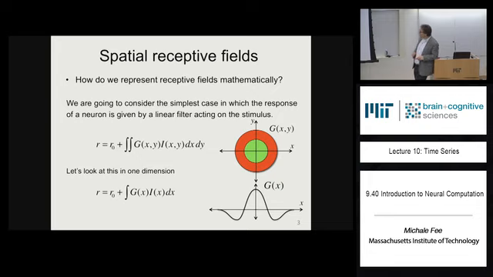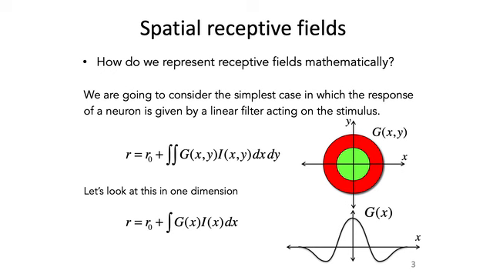Okay? In one dimension, we would have a spatial receptive field that looks like this. So this receptive field is sensitive to a positive brightness in the center and a negative, or dark, feature in the surrounding area.